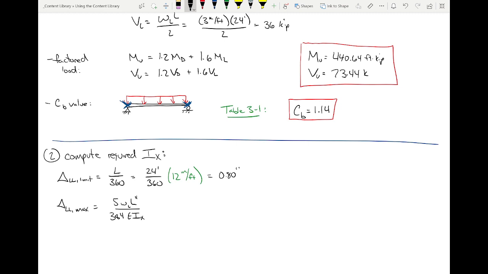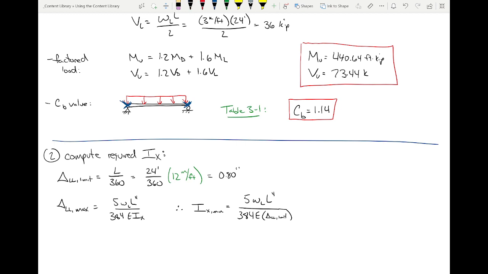And then don't forget, I'm also going to have a unit conversion in there. But ultimately, all I need to do is swap my I with my limit.